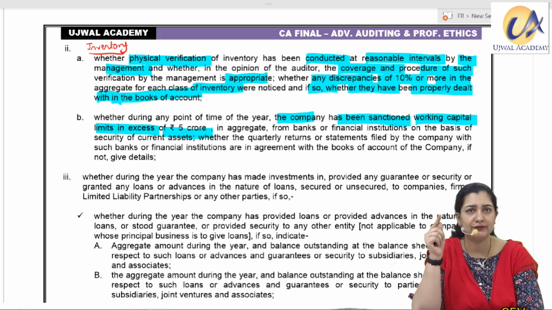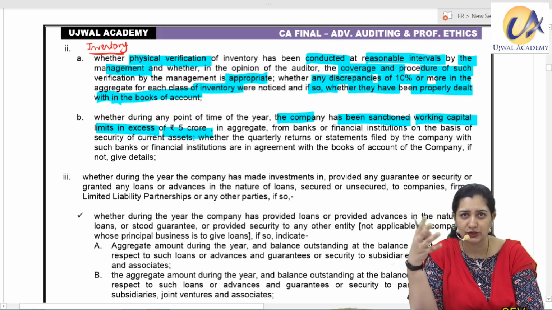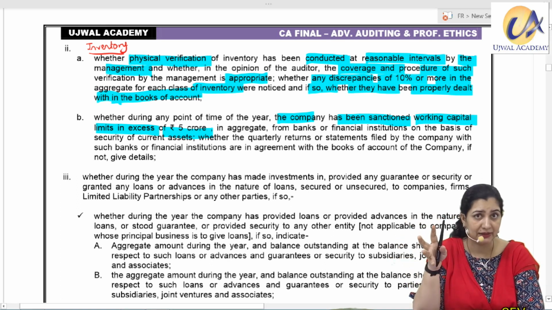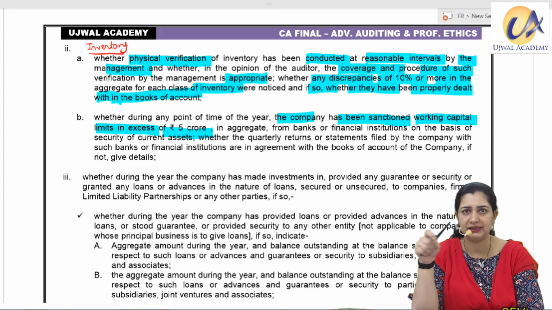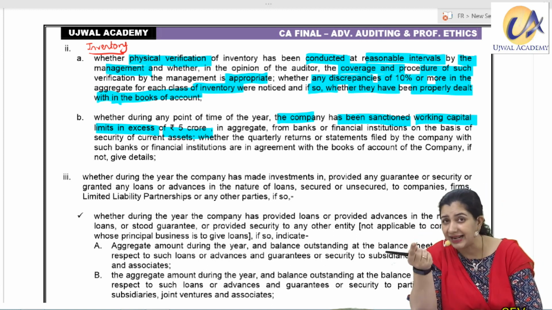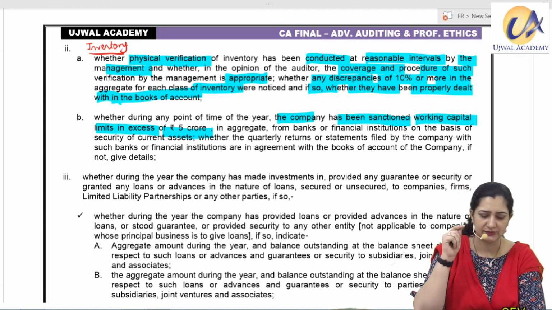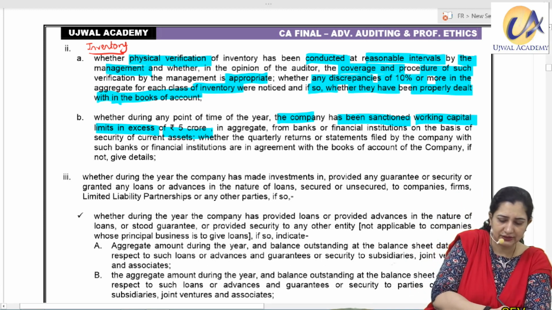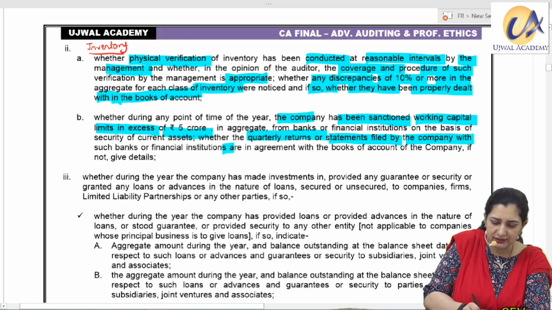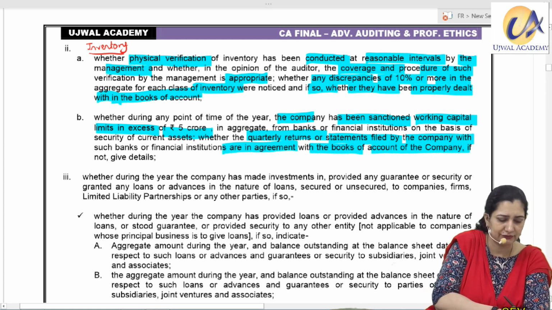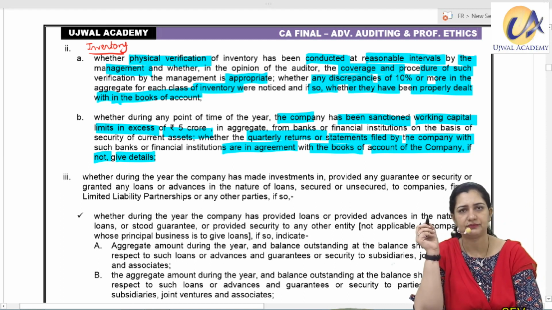So if you have taken loans above 5 crores from banks or FIs, you have to submit your quarterly returns to the bank: this is my working capital, these are my current assets. Does that tally with your books? That's what we have to check: whether the quarterly return statements filed by the company agree with the books of accounts. If not, give the details.